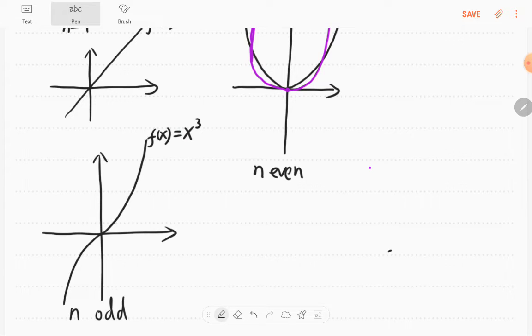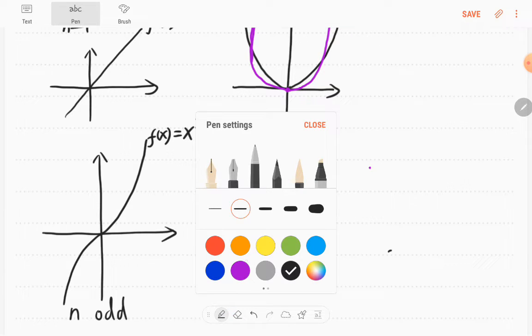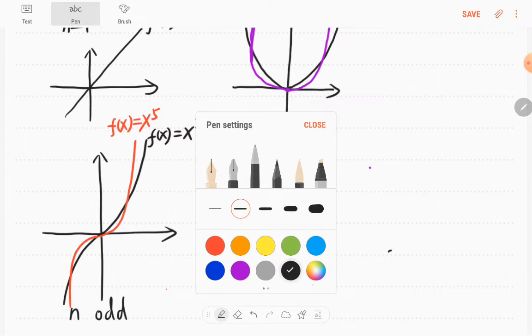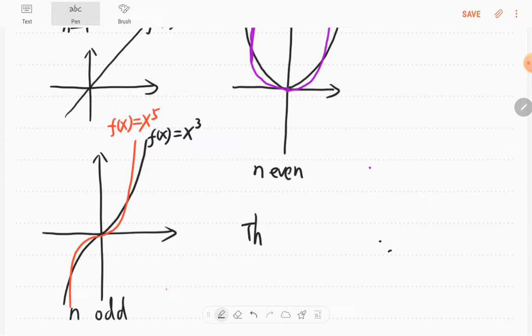Then if n equals 5, it would be this one. This is f of x equals x to the 5th. So you can see the greater n, the flatter near the origin.